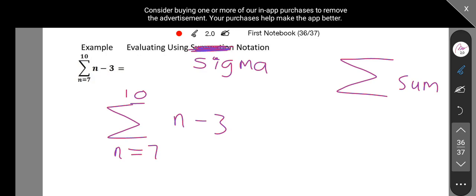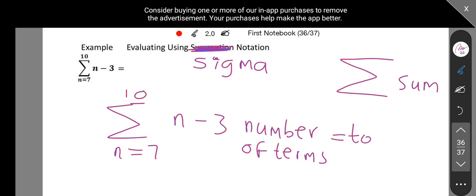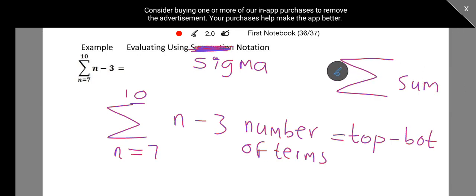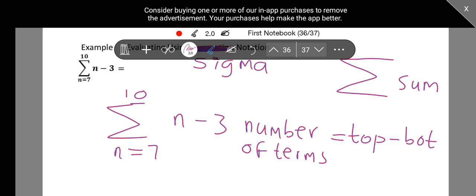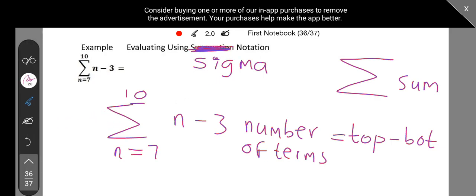First of all, how do we calculate the number of terms in a series given the sigma? We say it's equal to top minus bottom, and then plus 1.